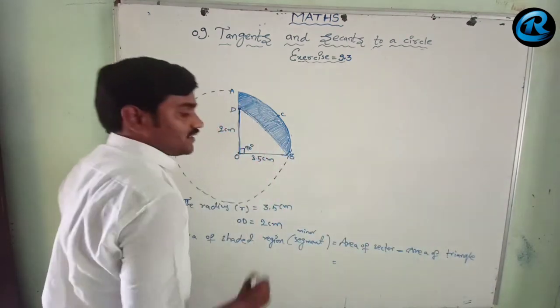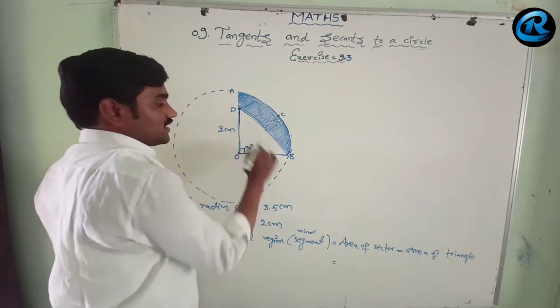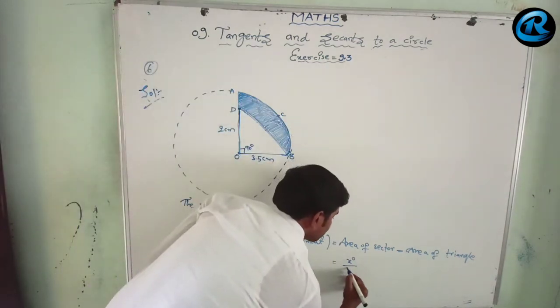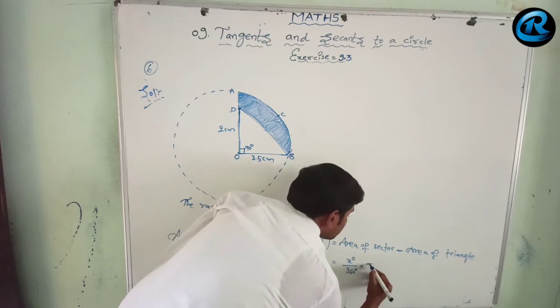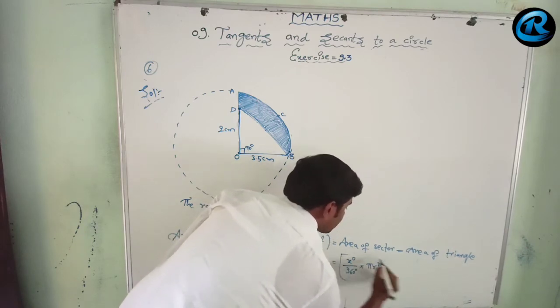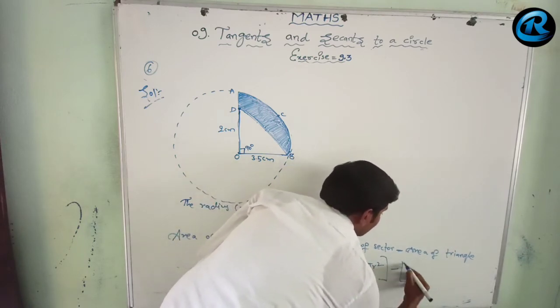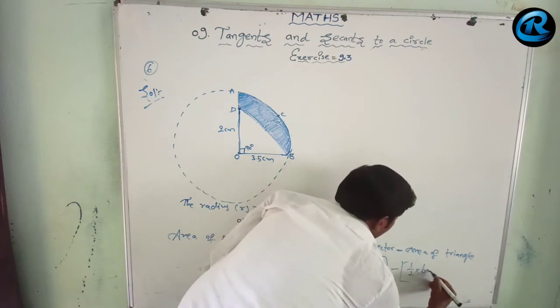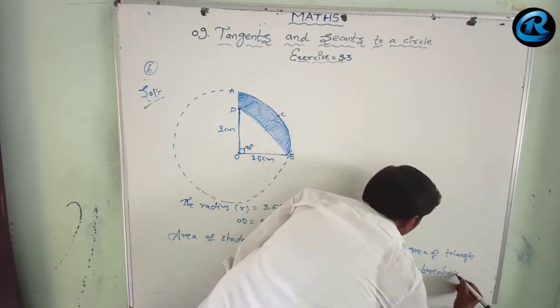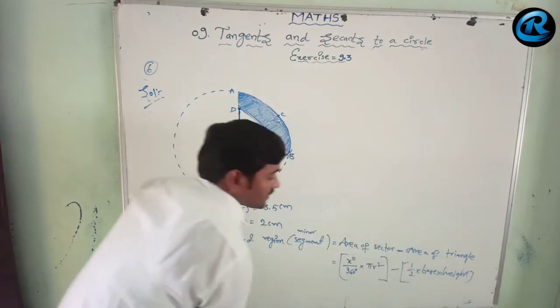Area of sector is what? Area of sector formula: x degrees by 360 degrees into pi r square, minus area of triangle 1/2 into base into height, and these are the formulas.